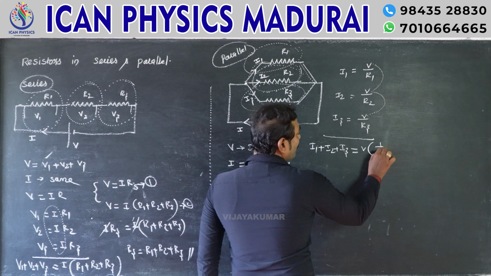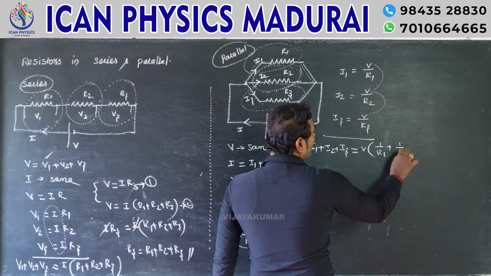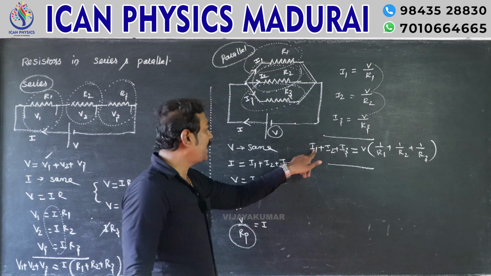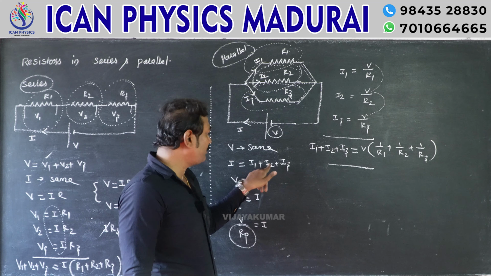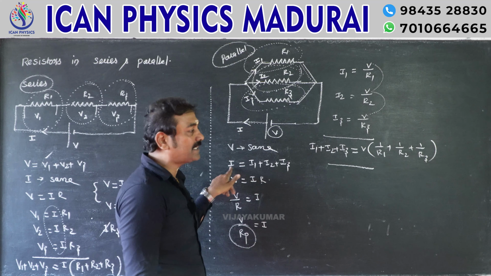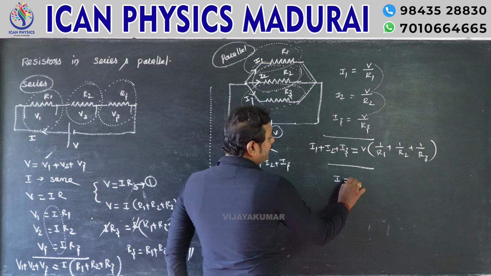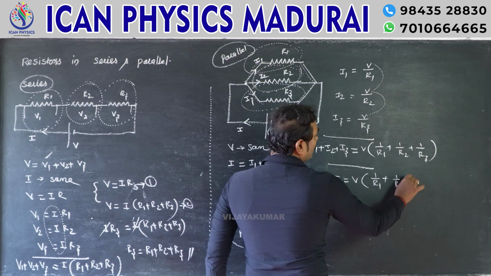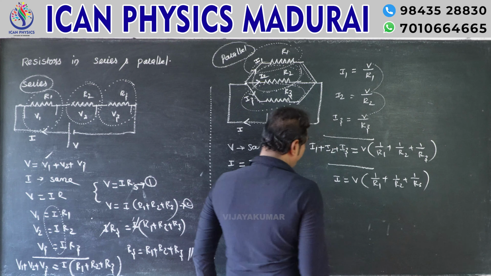What about the remaining? 1 by R1 plus 1 by R2 plus 1 by R3. I1 plus I2 plus I3 can be taken as I. So I equals V into 1 by R1 plus 1 by R2 plus 1 by R3.